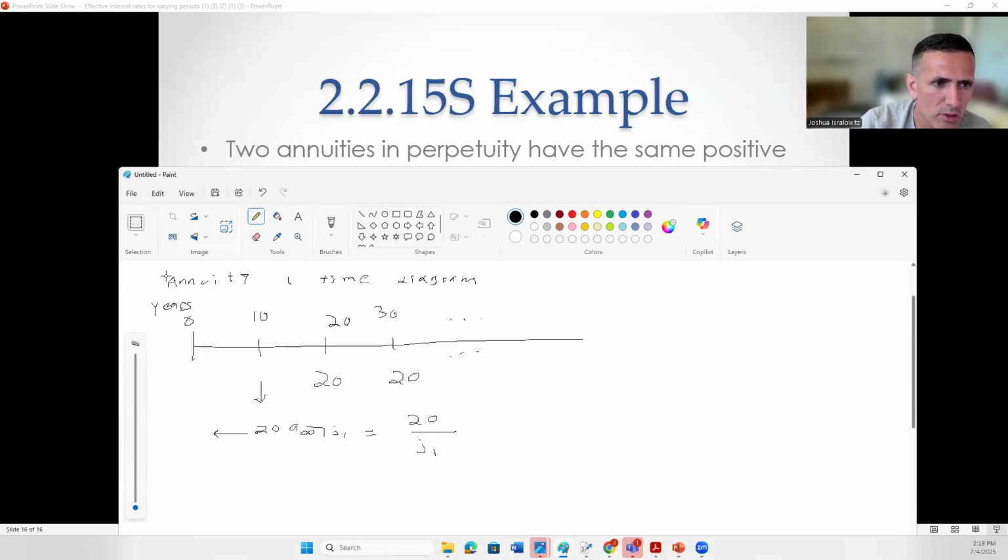So maybe it's a little clearer here if I just say first annuity time diagram. Okay, so it's 20.